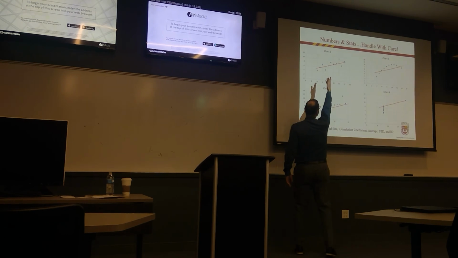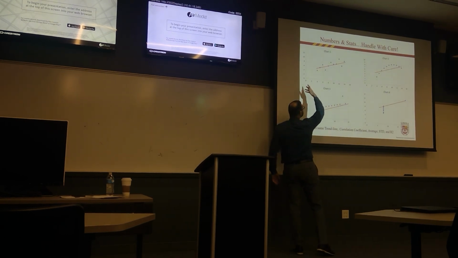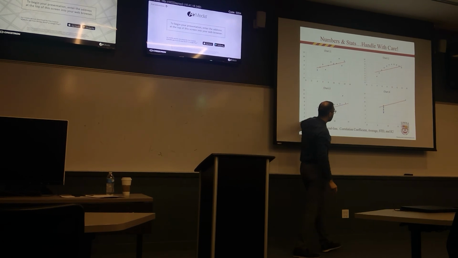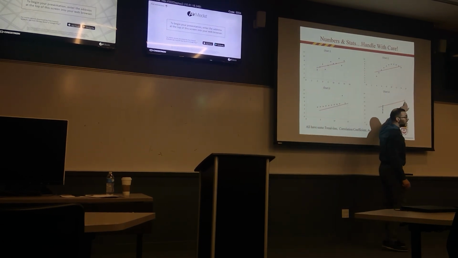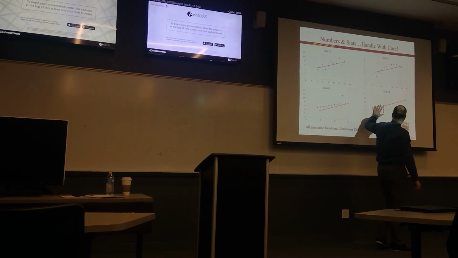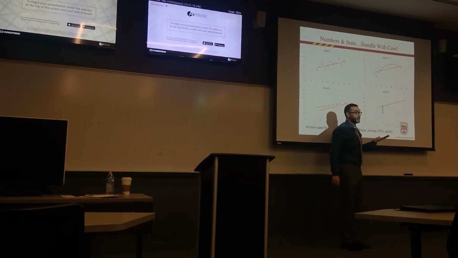Sometimes it is very successful, like here. This line is very close to my data points. Sometimes it is very hard to estimate a linear relationship between two variables because the relationship is very far from the mean.